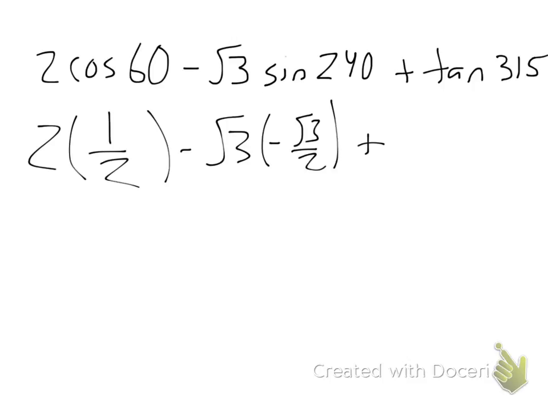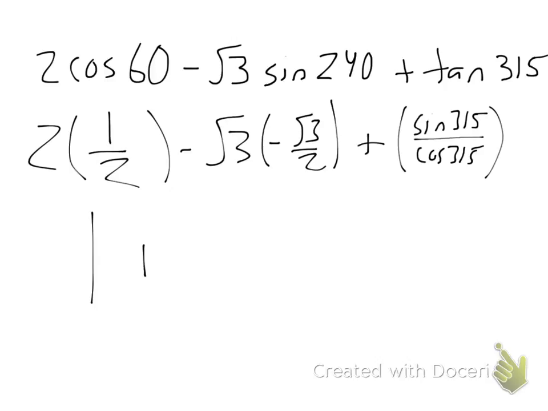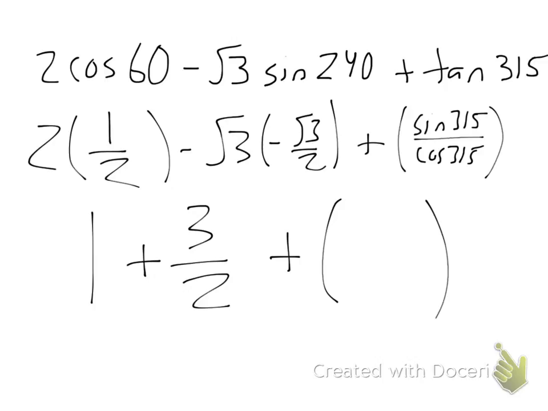And then we go to 315. 315, take the tangent. Wait a minute, I don't like that, so I'm going to change that to sine of 315 over the cosine of 315. Going back, that becomes a 1, because they cancel. Negative, negative makes a positive. Square root of 3 times square root of 3, so it's 3 over 2 plus, what's the sine of 315?